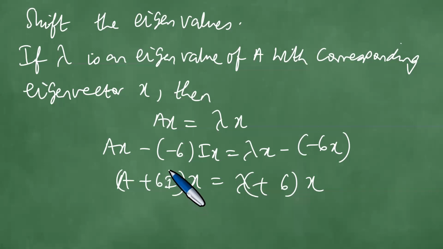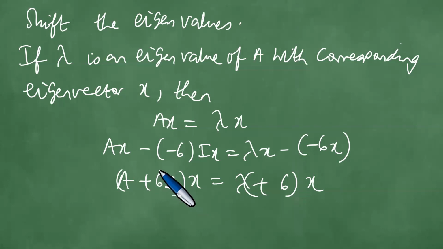Okay, so if lambda is an eigenvalue of A with corresponding eigenvector, then obviously we're dealing with the intermediate case, please, because we dealt with the least magnitude and the largest magnitude. And now we're dealing with the intermediate case, and we're looking at the eigenvalue problem where lambda itself is lambda x.